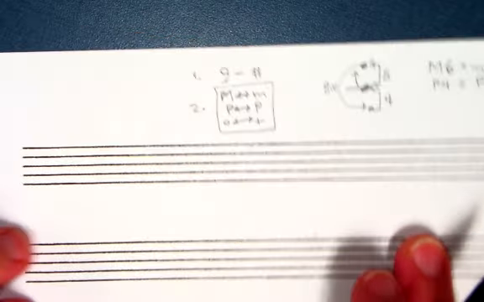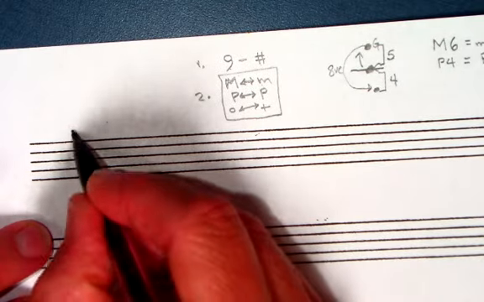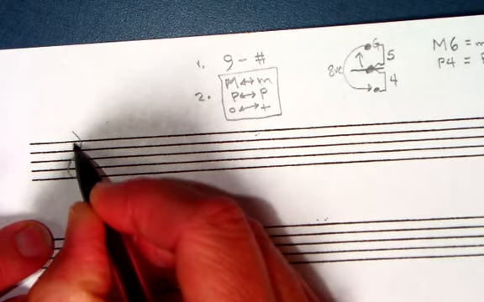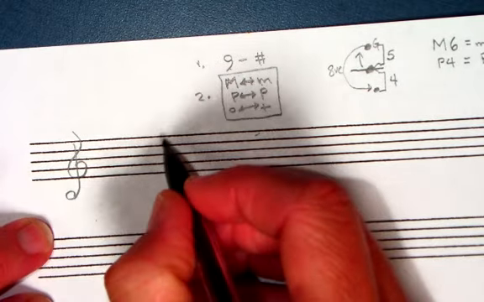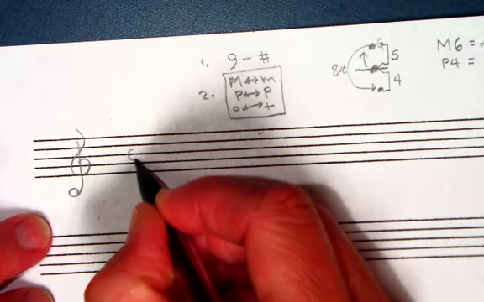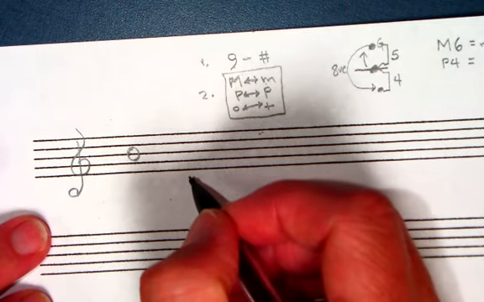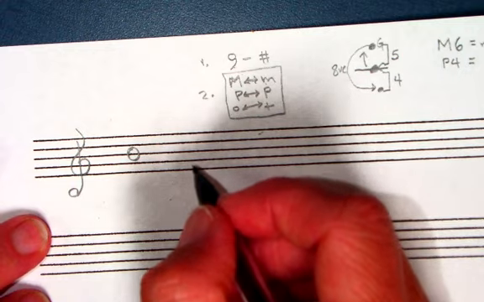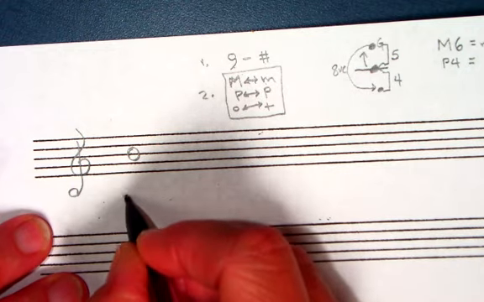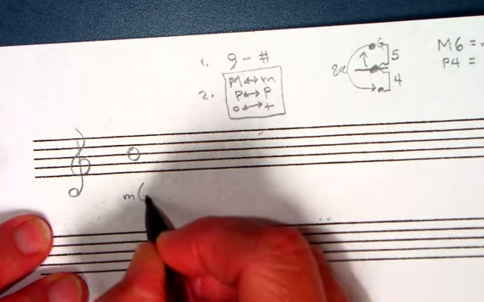If I give you a note, and I want a note below it. So let's go with B as in beautiful. And the instructions say, I want you to give me a minor sixth below that note.